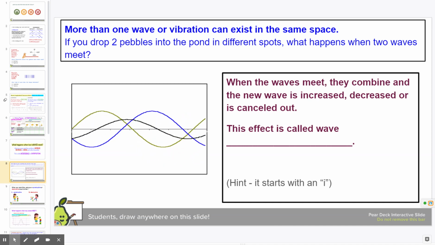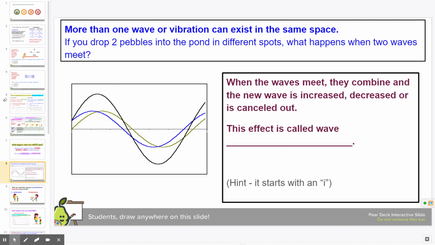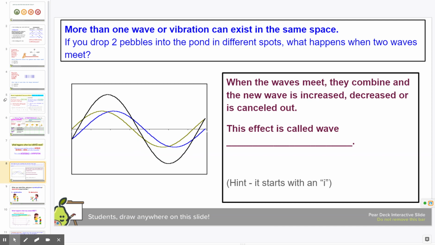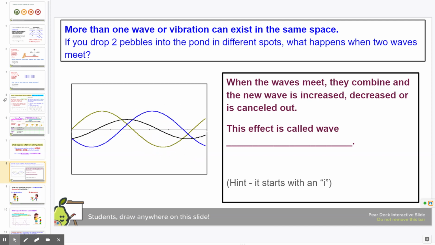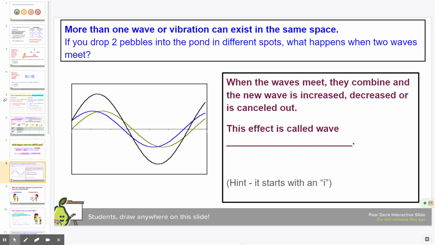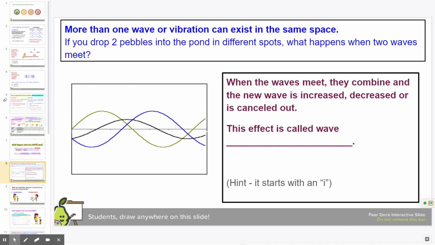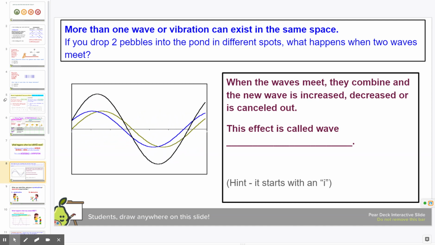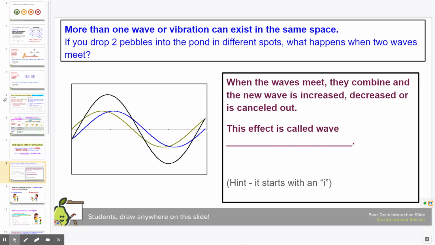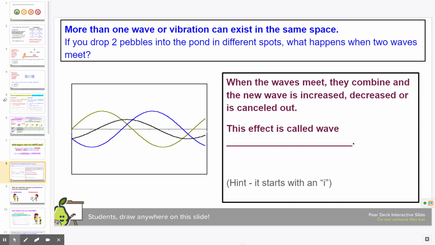Those two waves will meet and overlap and combine. What will the new wave be like when they combine? When those waves meet, they combine, and the new resultant wave is either increased, decreased, or canceled out.